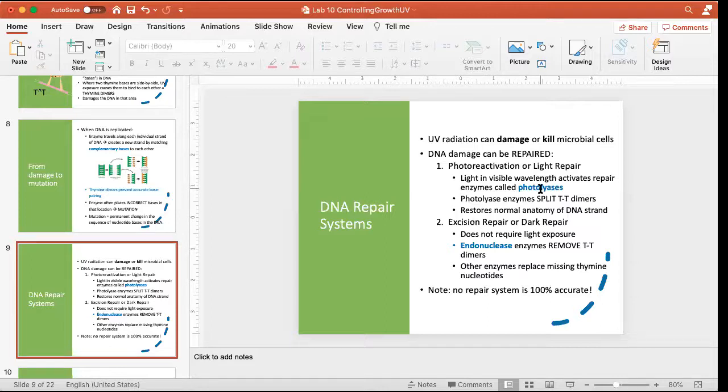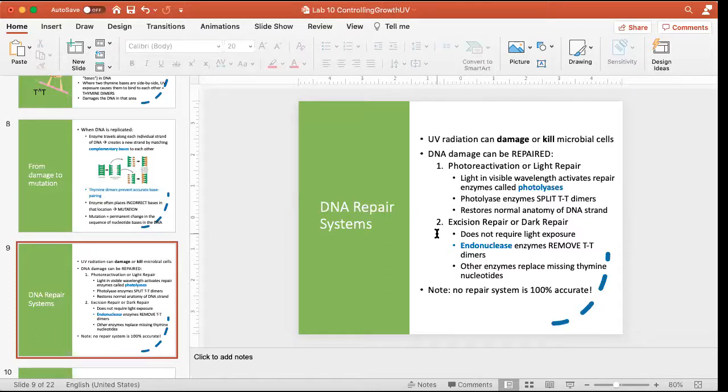We call them photolyases. So this is a whole group of enzymes. And what these enzymes are able to do once they're active is travel down the DNA strand, and anytime they find a thymine-thymine dimer, they can split it. They can cut the connection between the two thymine bases and restore the DNA to normal.